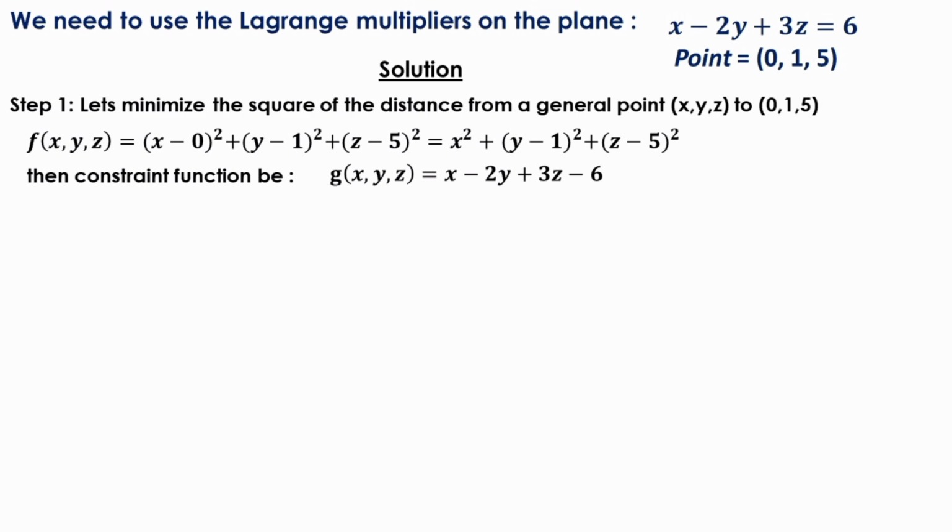Now this leads us to step 2. We have identified our f and our g of x, y, z, so the next thing is to apply the Lagrange equation. The Lagrange equation is the gradient of f equals lambda times the gradient of g.